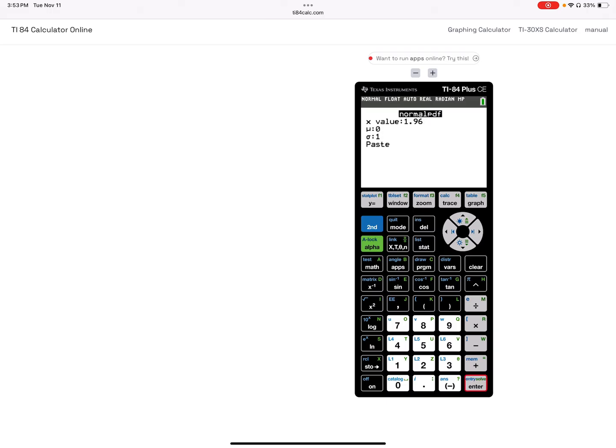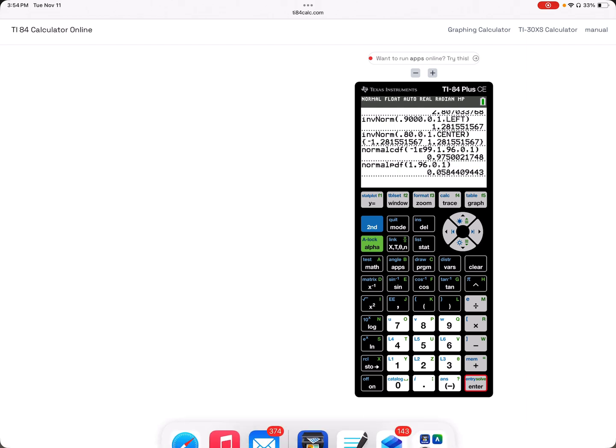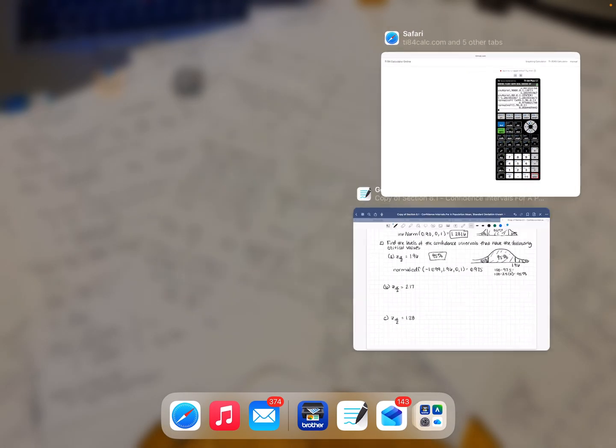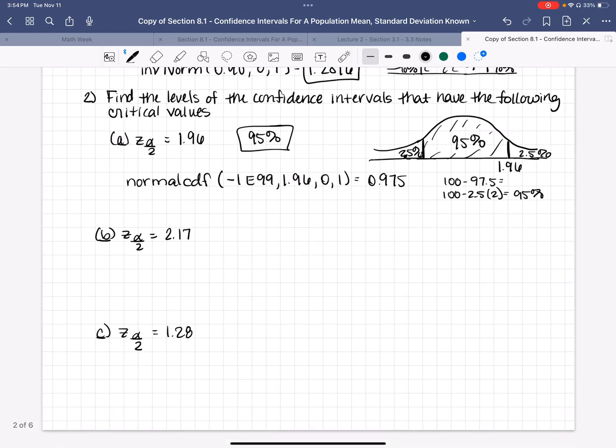Nope. Look, 0.05. Okay, that doesn't work out well, because that was about 5% off. You need to do it with the normal CDF. So that takes care of 2 with 95%.